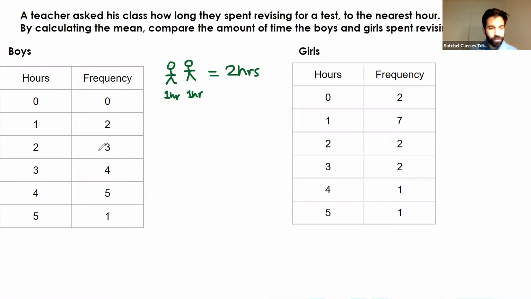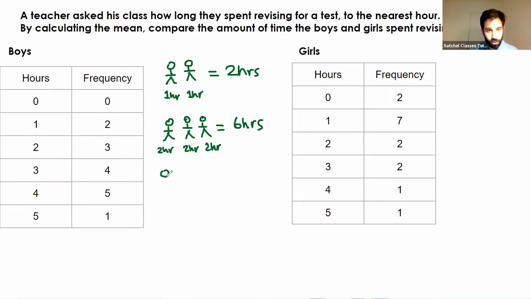And then we have 3 boys who each spent 2 hours revising. So we can say 2 hours, 2 hours, 2 hours, which will give us a total of 6 hours. Now here we have 4 boys who studied for 3 hours each.